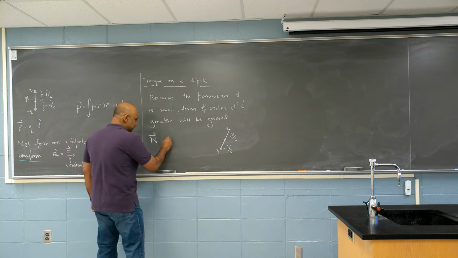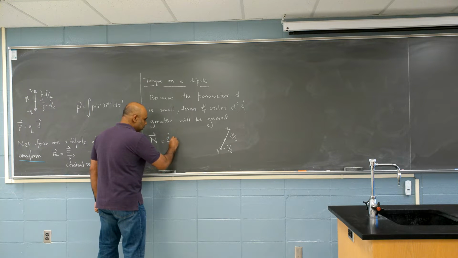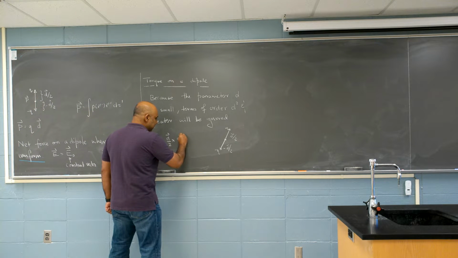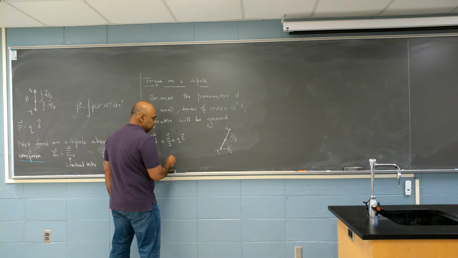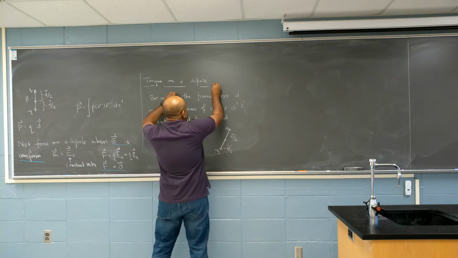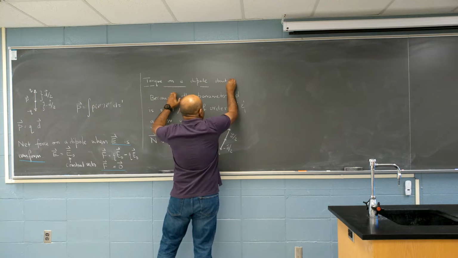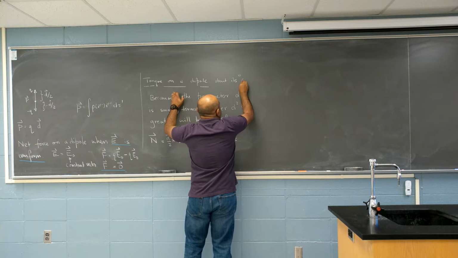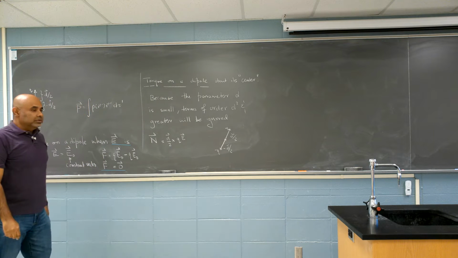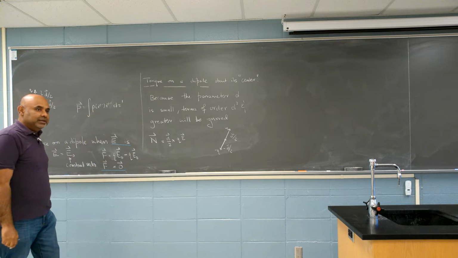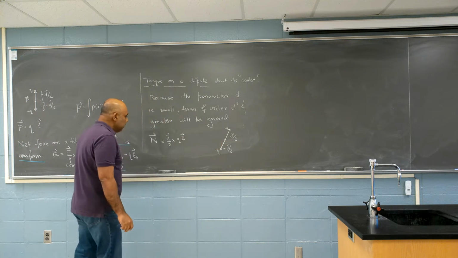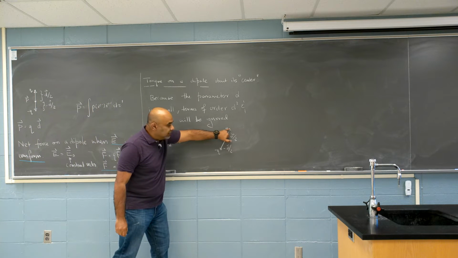So I have d over 2 cross plus q times E. Listen, I want to write this. Torque on a dipole about its center. If we try to define everything, we'll be mathematicians. We cannot move forward with physics. But you know what I mean by center, right? About that point. This is E evaluated at that point.